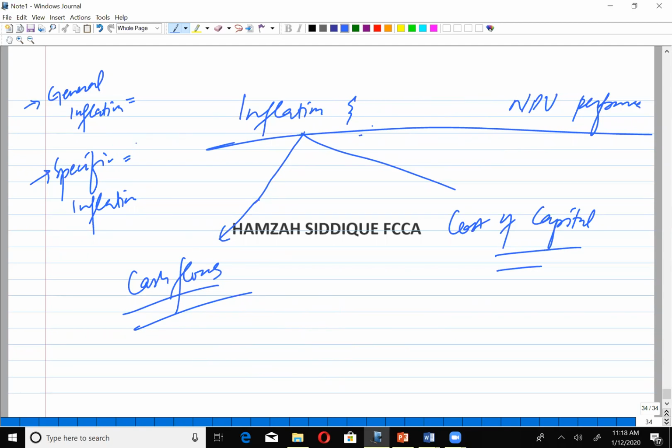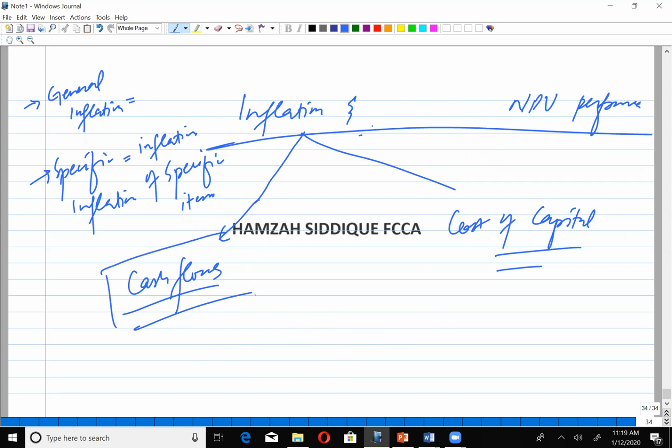Specific inflation is, for example, we say rice price increased by 10%, furniture price increased by 15%. This is inflation of a specific item. General inflation is generic, the average inflation in the economy.